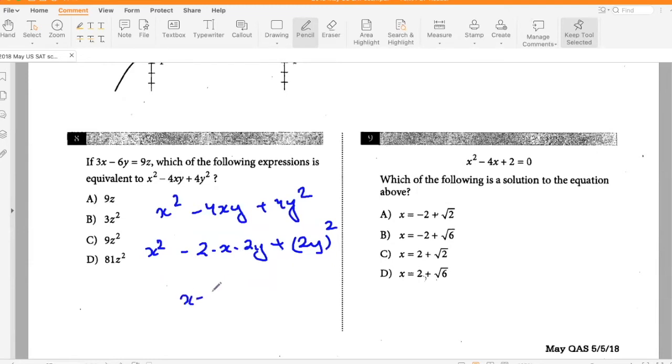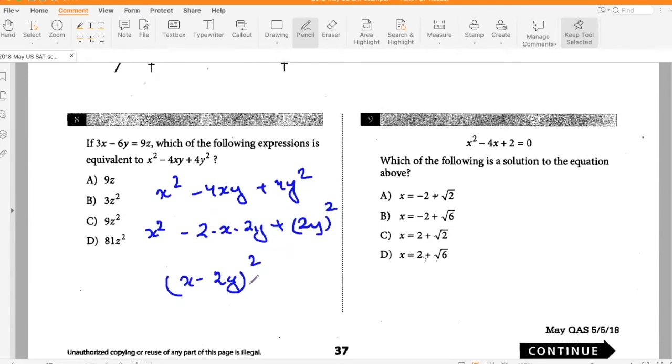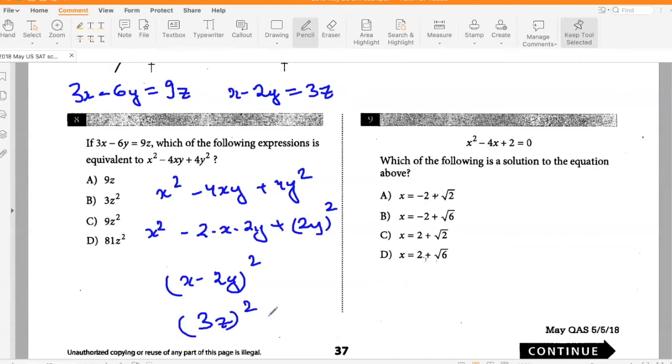So that will be (x minus 2y) whole squared. Now we have 3x minus 6y is 9z. So if I divide the equation by 3, I get x minus 2y is 3z. So (3z) whole square, which is 9z squared, option C.